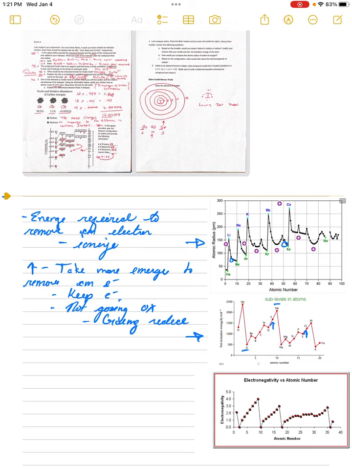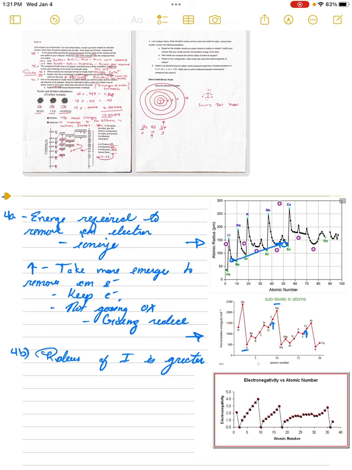Going from here to here, you can see that the radius of iodine is greater. If you gave me only this answer, you got minimum points.